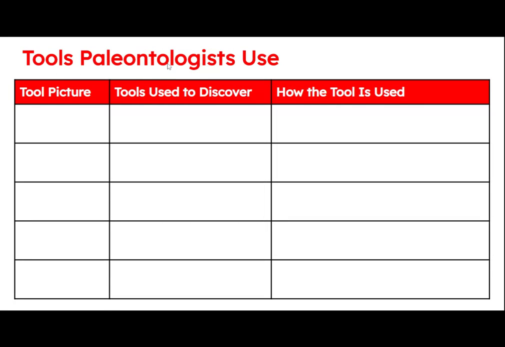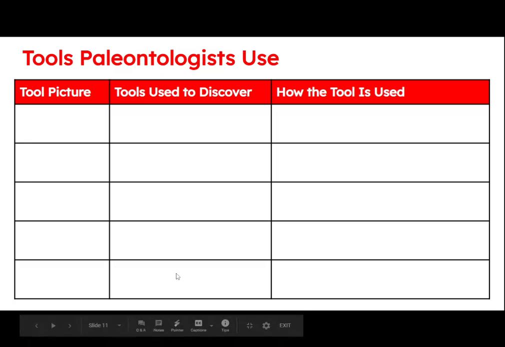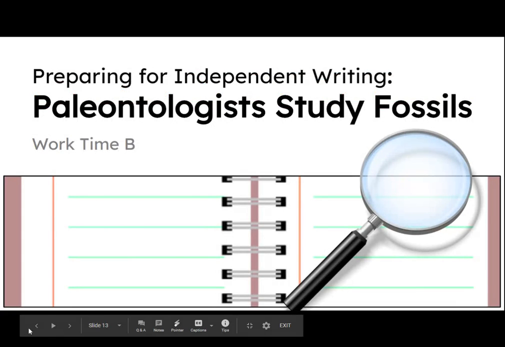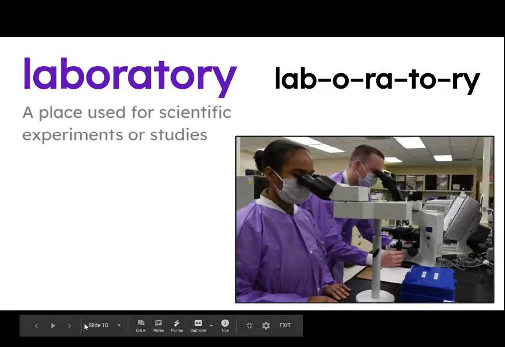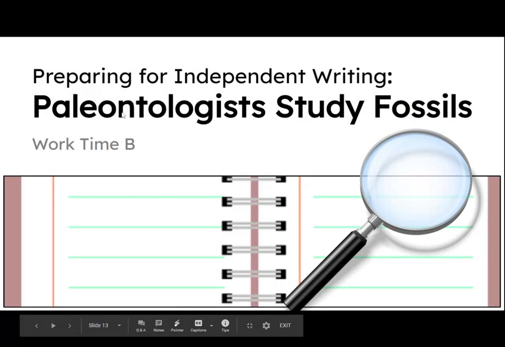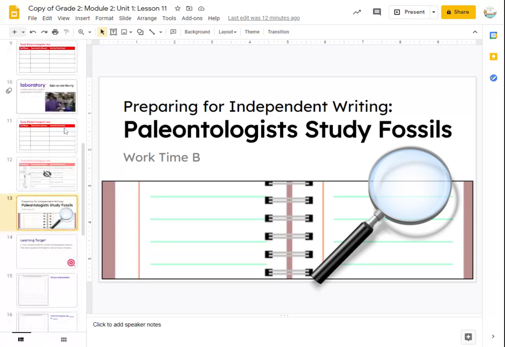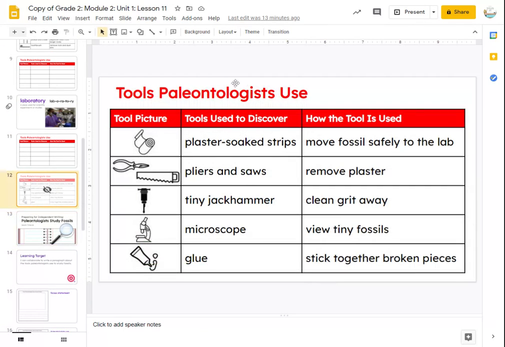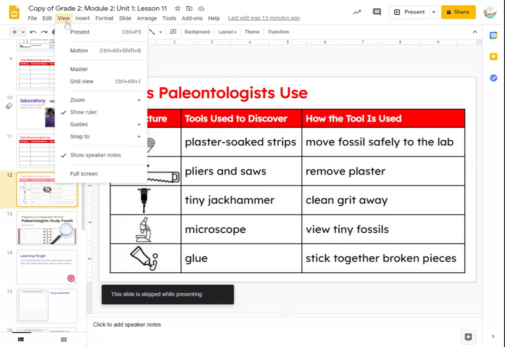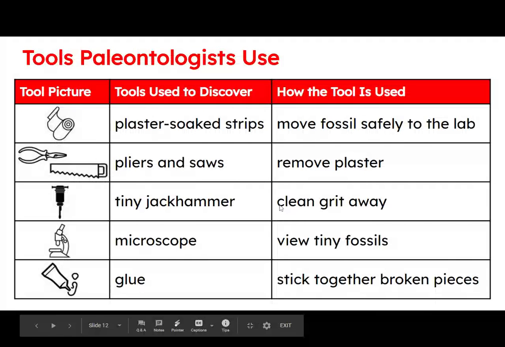Tools paleontologists use. I heard a lot of new tools today. Let me find our chart of new tools. Here we go. So here are the new tools we used. Plaster-soaked strips.